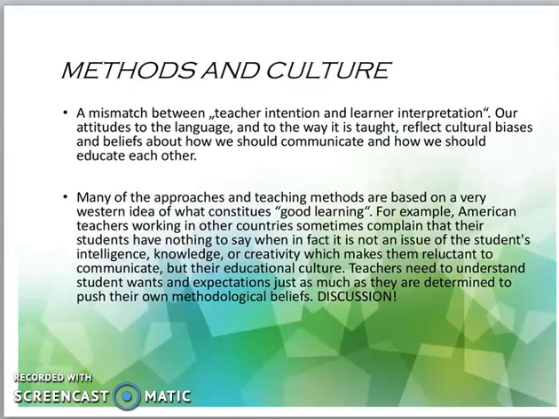For example, American teachers working in other countries sometimes complain that their students have nothing to say. In fact, it is not an issue of the students' intelligence, knowledge, or creativity which makes them reluctant to communicate, but their educational culture. Teachers need to understand student wants and expectations just as much as they are determined to push their own methodological beliefs.